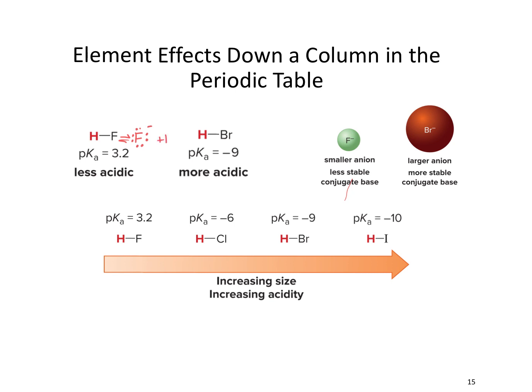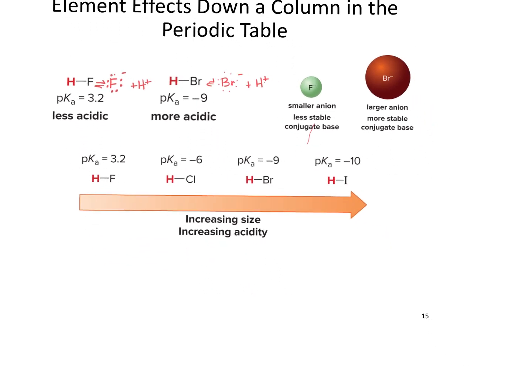it's F minus, right? And then here we have Br minus with hydrobromic acid. When we look at this, fluorine is a much smaller atom than bromine. The bromine is a lot larger anion, right? And so the fluorine is a smaller anion, the bromine is a larger anion. The fluorine is less stable. The bromine is more stable.